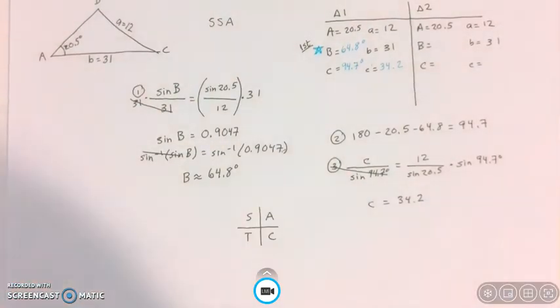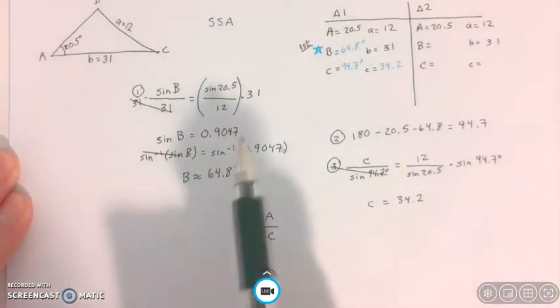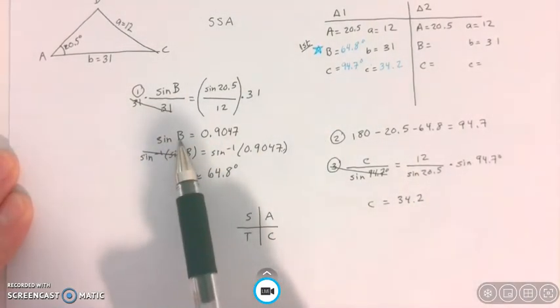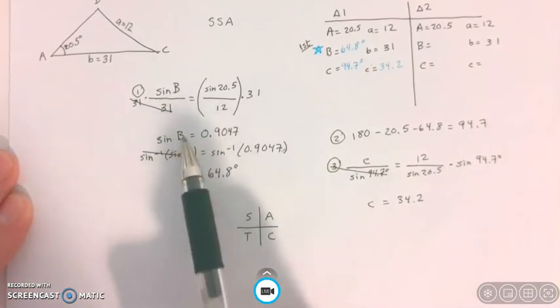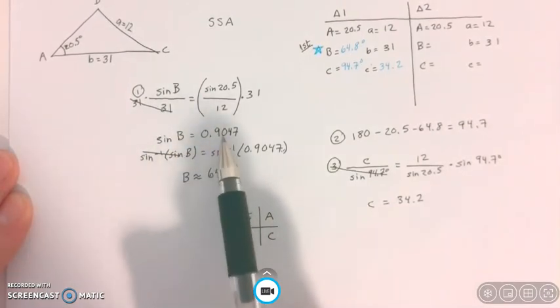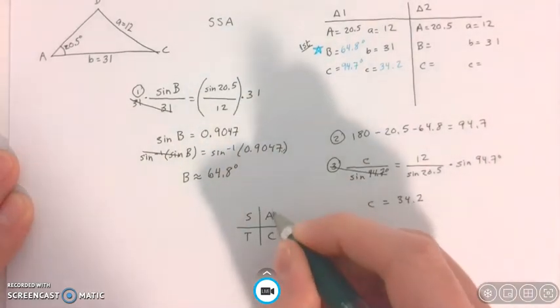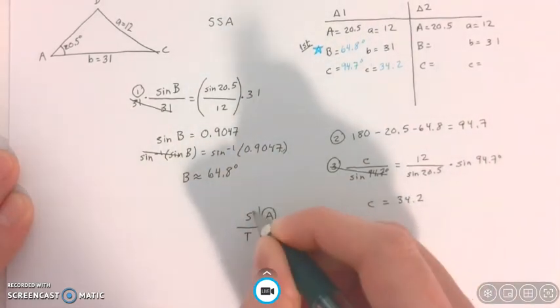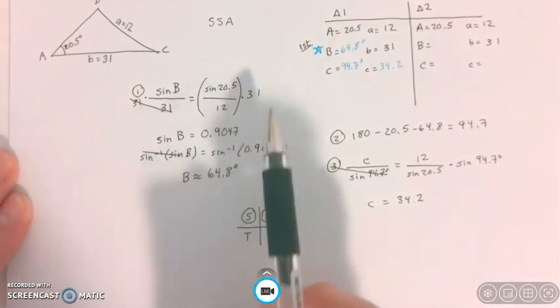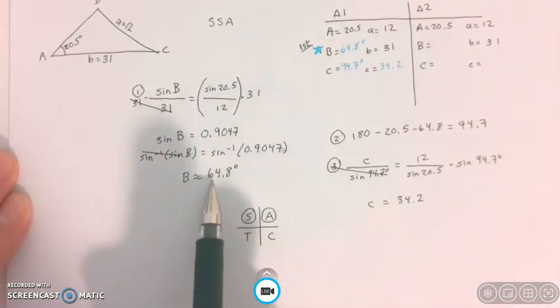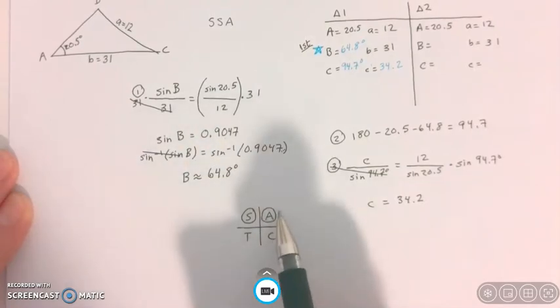Now, we are using the law of sines, so we have to think about the way that sine works. Here, when I had sine of some angle equals 0.9047, sine of this angle is a positive value. Well, sine is positive right here, but it's also positive in the second quadrant. And so when I solve this, I got angle B equals 64.8, which is a quadrant 1 angle.